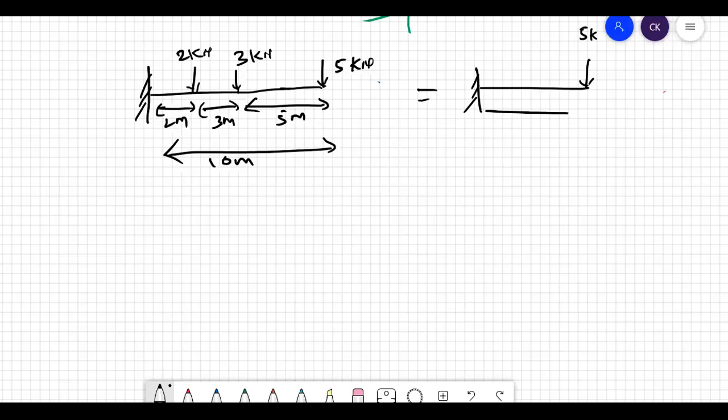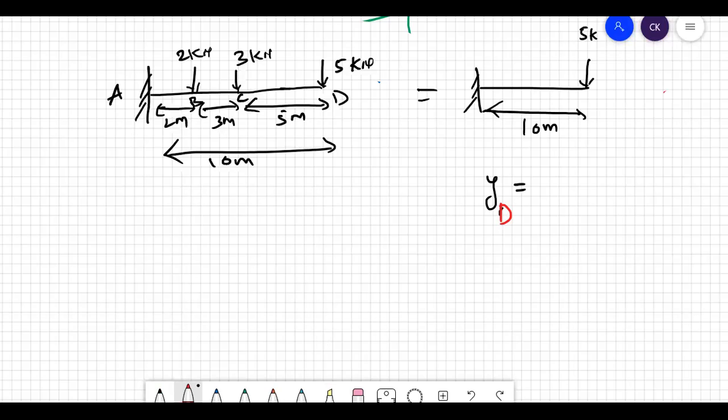And I need to find y, that is the deflection at this point. So you can take this as A, B, C, and D. I need to find out the deflection at D when a point load is acting here.